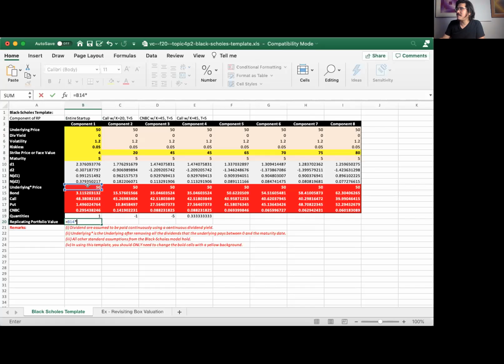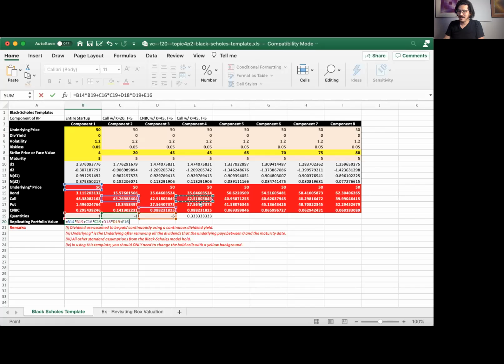Price times quantity plus, this is a call option, so I look for the price of a call. Price times quantity plus price of a CNBC. So price times quantity plus, finally, the last one is a call option.